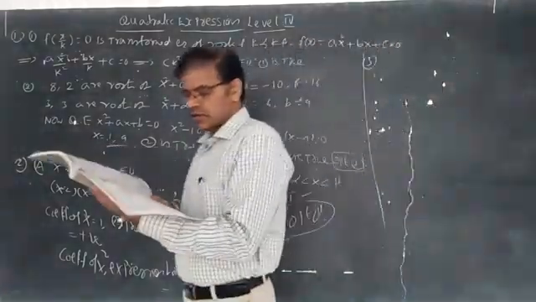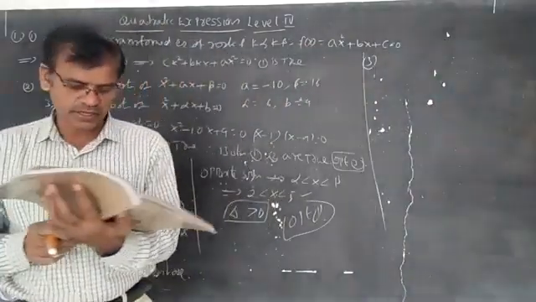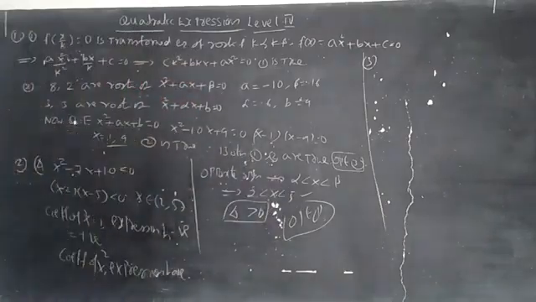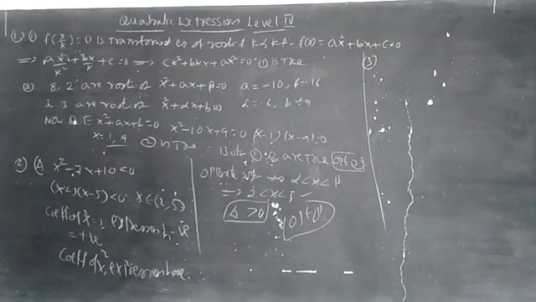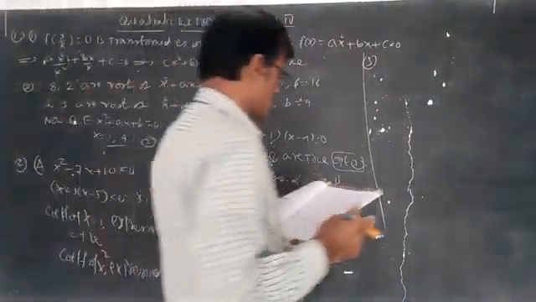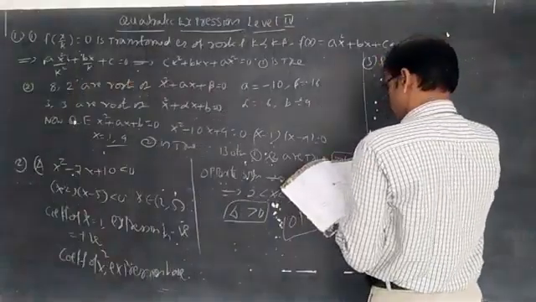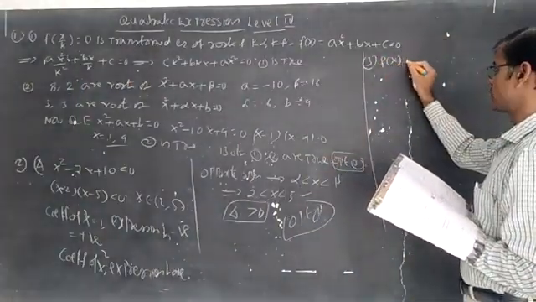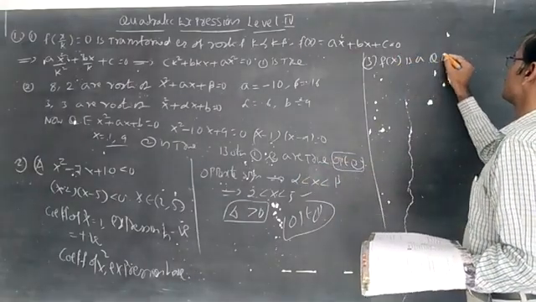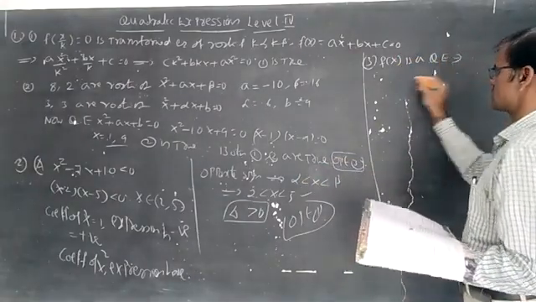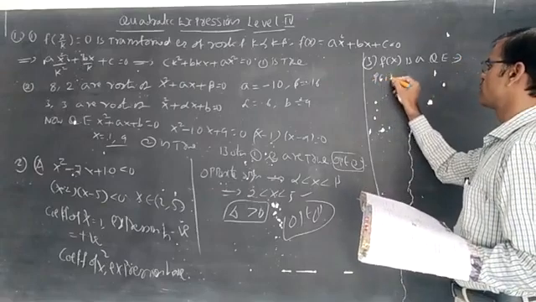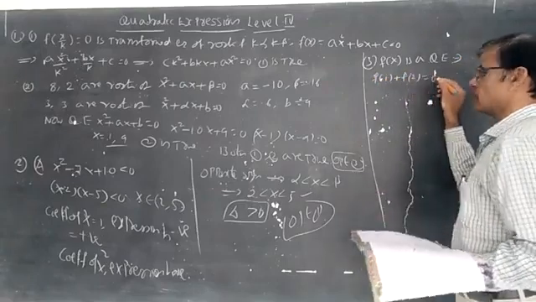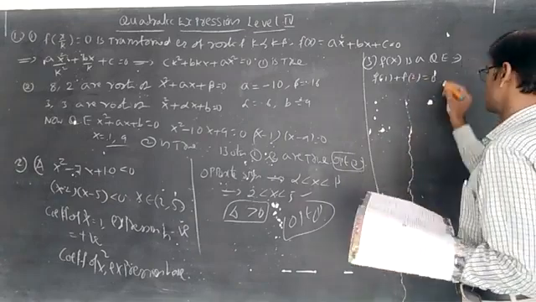Question. Assertion: f of x is a quadratic expression such that f of 1 plus f of 2 is equal to 0.